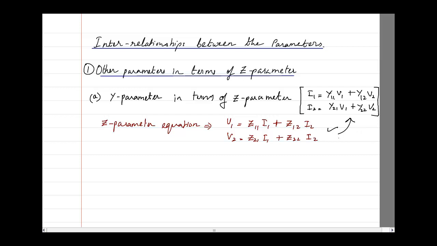What do I mean by that? I mean I should rearrange this equation such that I get I1 and I2 in terms of V1 and V2, and whatever is here is going to be the y parameters.